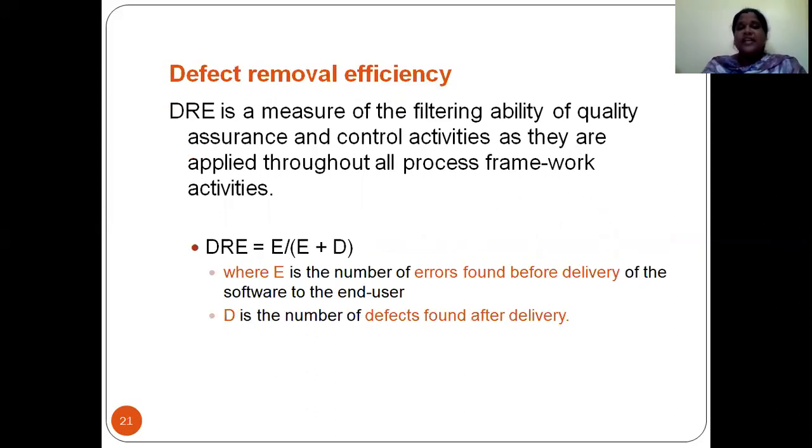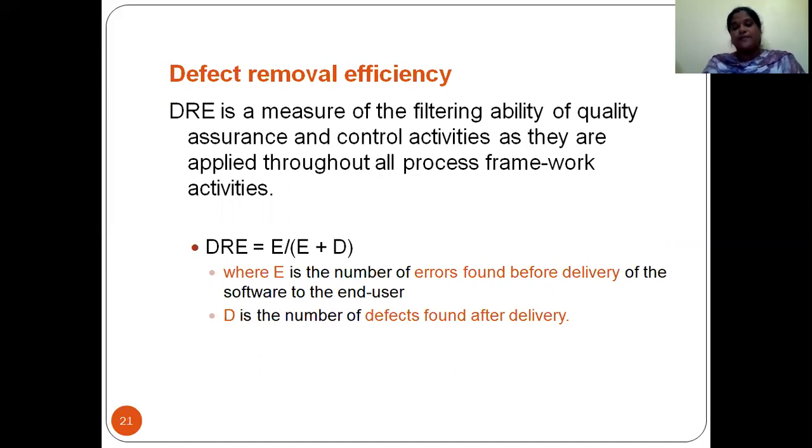Now, next comes defect removal efficiency. Defect removal efficiency is a measure which is used for filtering the ability of quality assurance. Whatever quality assurance you are giving, in order to filter that, we will use defect removal efficiency. Control activities also will be used throughout the framework in order to use defect removal efficiency.